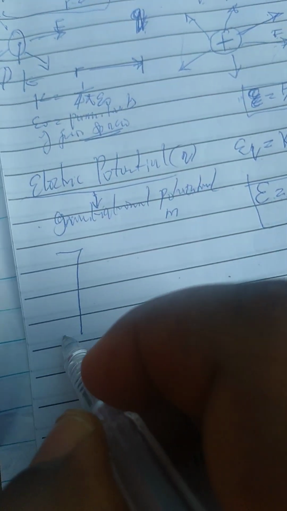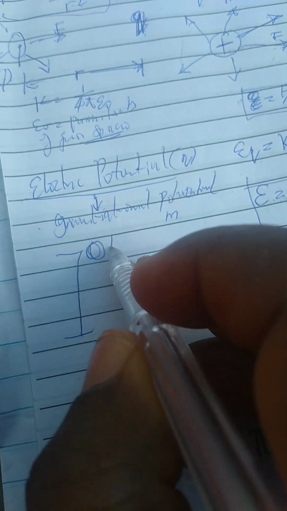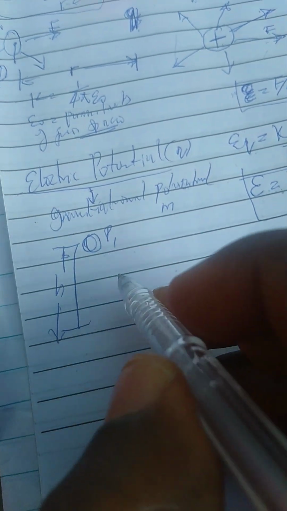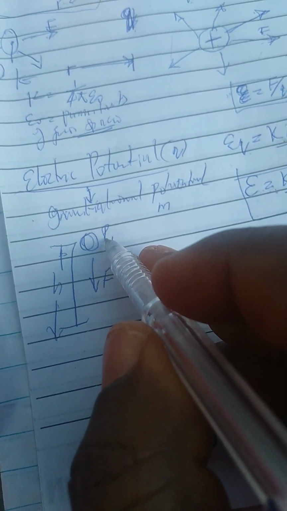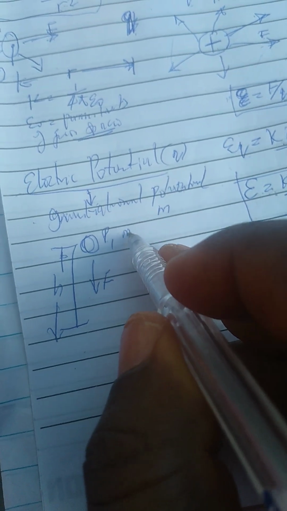Like for instance, let's say I have mass m at position P at a distance h from the ground level. We know that gravitational force F will be acting to take this mass from point P downward.